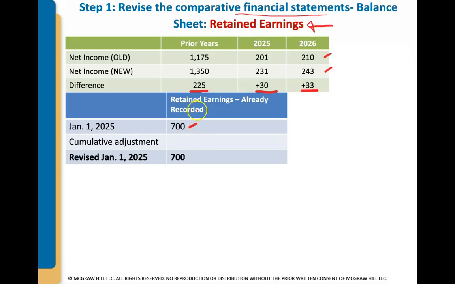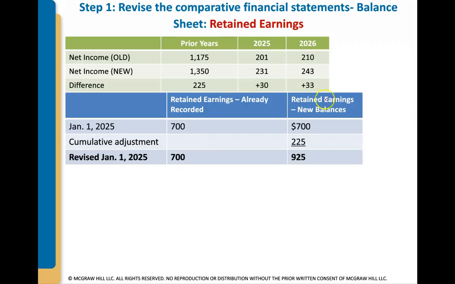We were told in the problem that the beginning retained earnings amount was $700. So in our old 2026 financial statements, when we reflected the January 1, 2025 retained earnings, we showed $700. But now we have a new retained earnings balance.